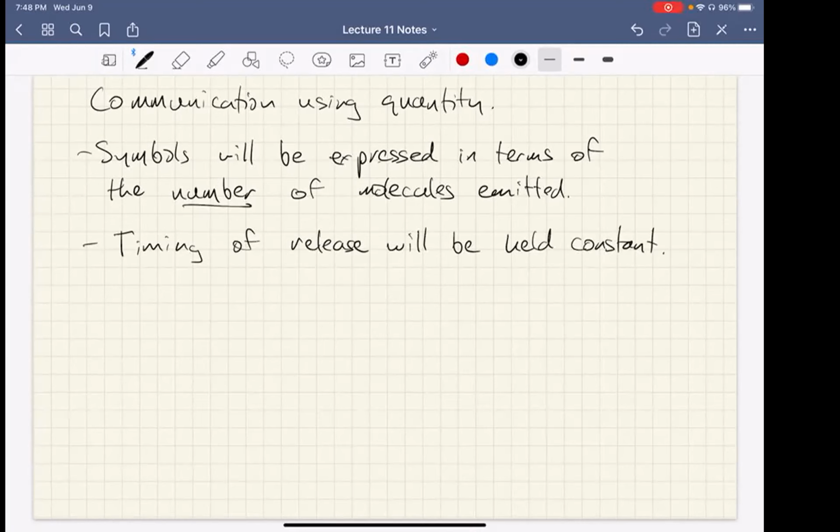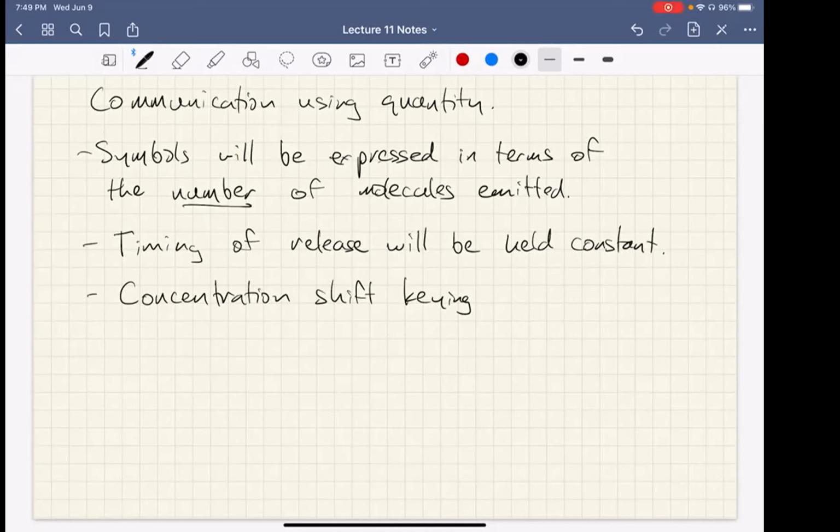As I mentioned in a lecture a couple lectures ago, sometimes this goes by the name of concentration shift keying. And it is relatively easy to accomplish if you don't have control over the individual release times of individual molecules.